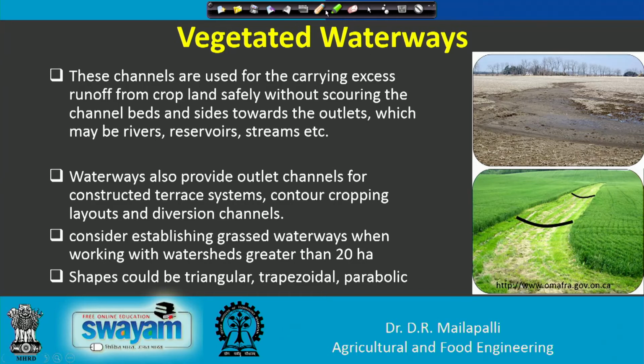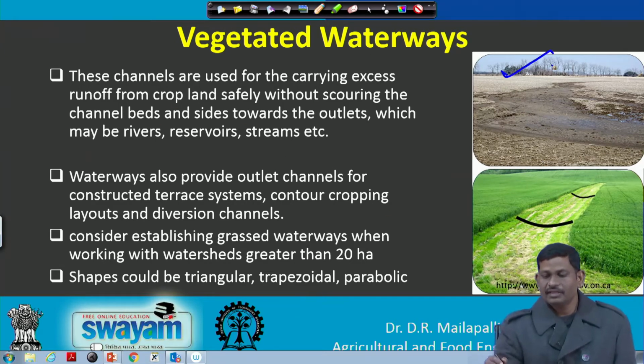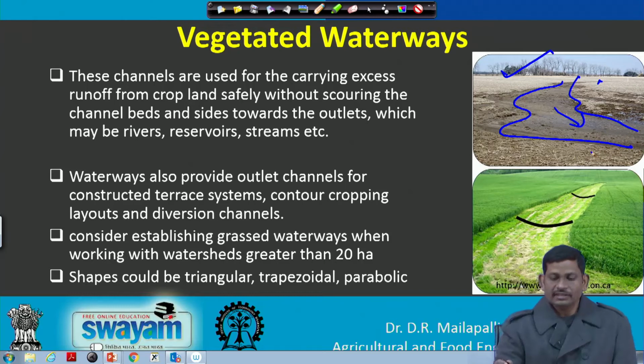And the next is vegetative waterways. If you see this picture, there are no vegetative waterways. If there is no vegetative waterway, we may expect removal of soil from the overland surfaces. Similarly, if you have grassed waterways with a particular shape, we may expect the whole thing to look like this.